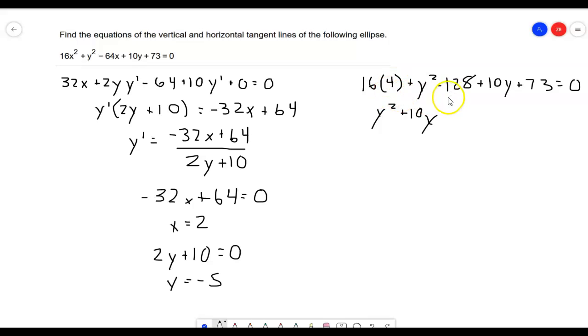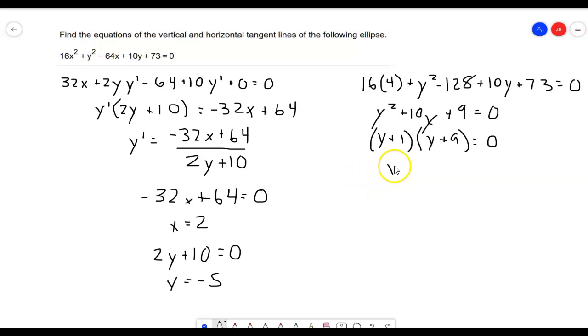And this is 64 minus 128, that's going to be -64, and 73 is plus 9. Plus 9 is equal to 0. So that's going to give us (y plus 1)(y plus 9) is equal to 0.